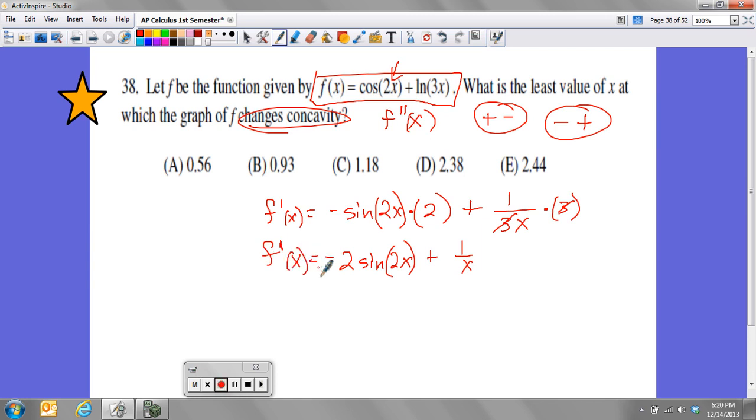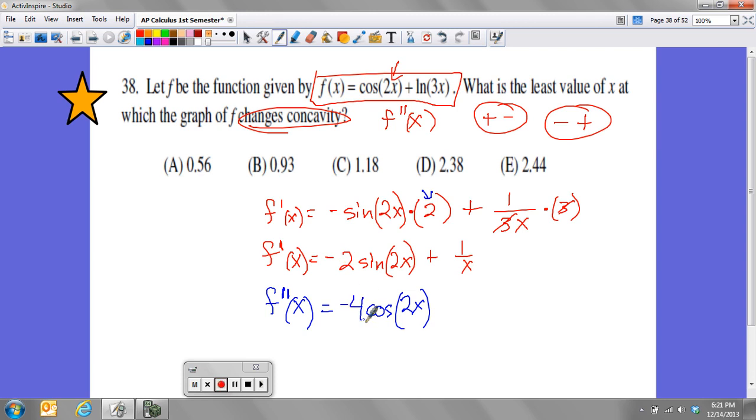And we're looking for concavity, so I need to get the second derivative. So let's find f double prime. Again, chain rule here. Just like before, I multiply by the derivative of the inside. Constant multiple rule says I can look at negative 2, not even look at it, and just look for sine of 2x. The derivative of sine of 2x is cosine of this stuff, and we're going to multiply by that 2, and then constant multiple rule, bring this negative 2 back in.